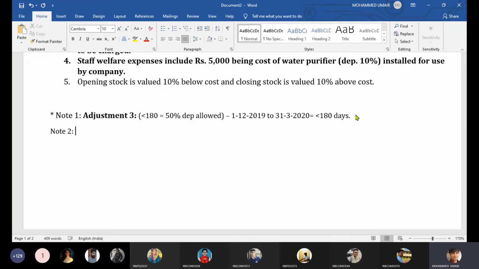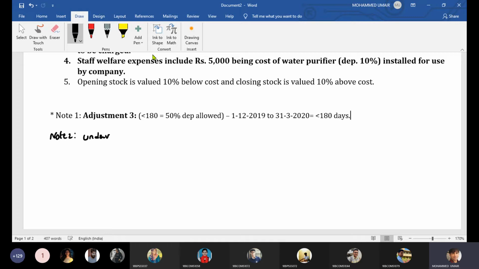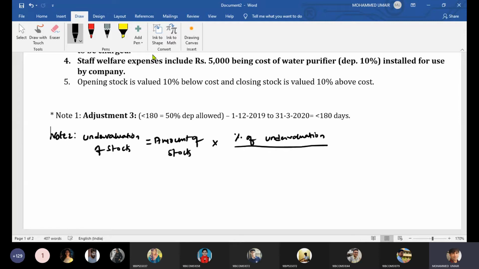So let me write down the formula. Undervaluation of stock is equal to amount of stock into percentage of undervaluation divided by 100 minus percentage of undervaluation.